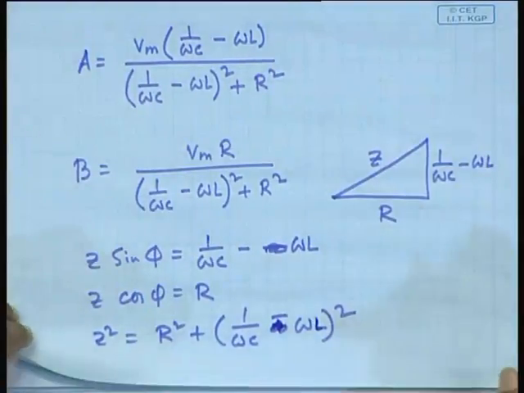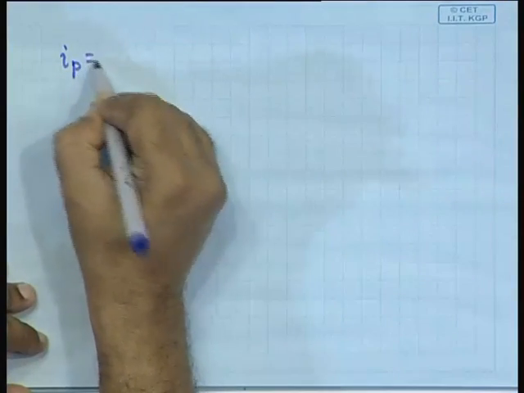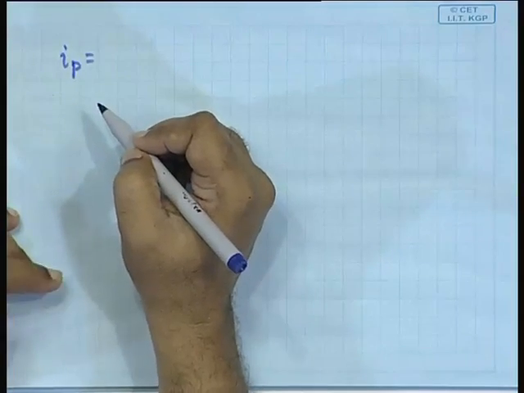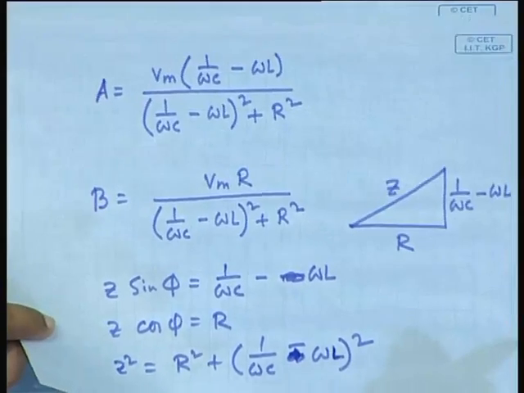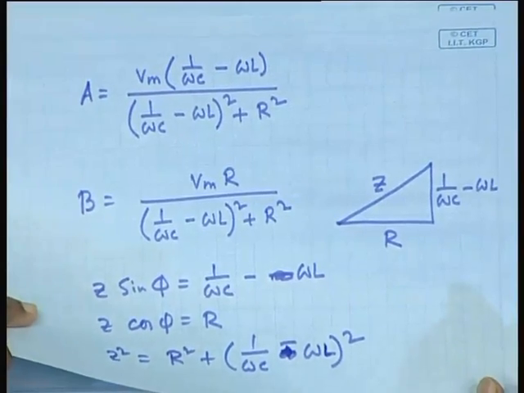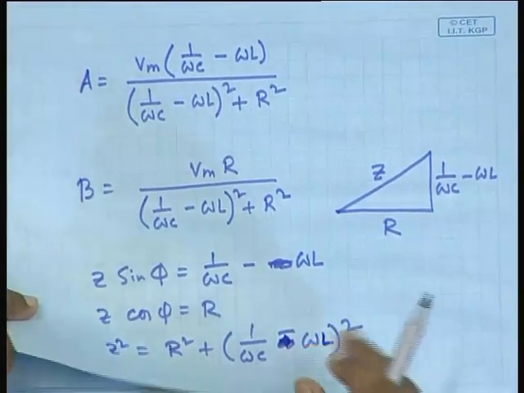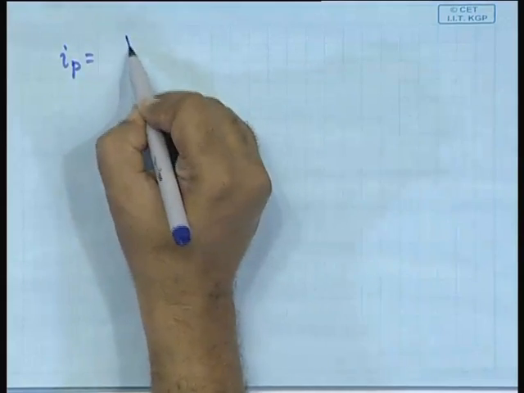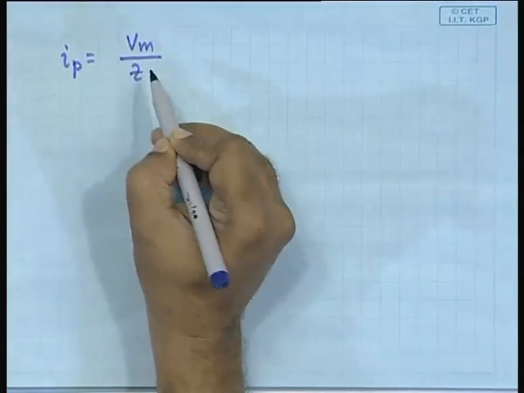So, everything now falls in place. Your final solution is I p is equal to, well, it will be again V m by z.